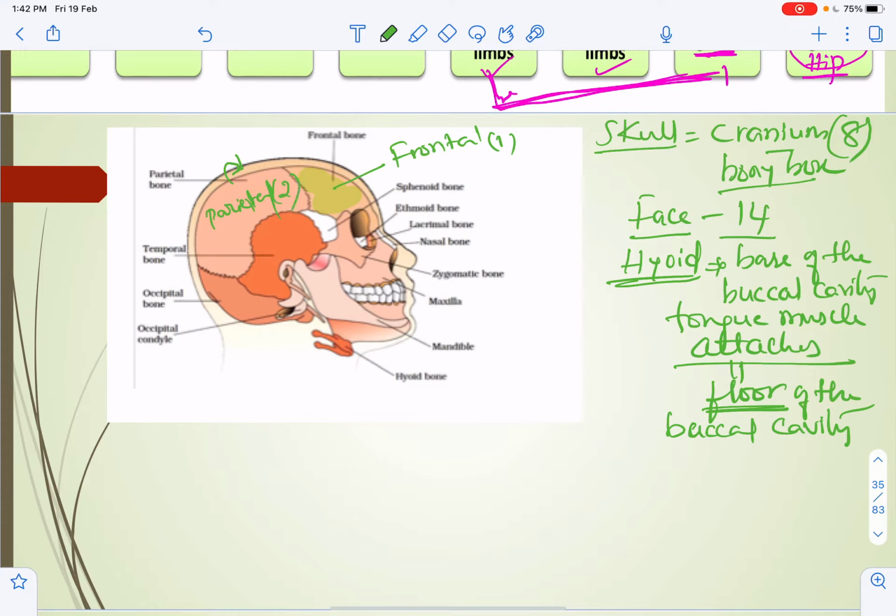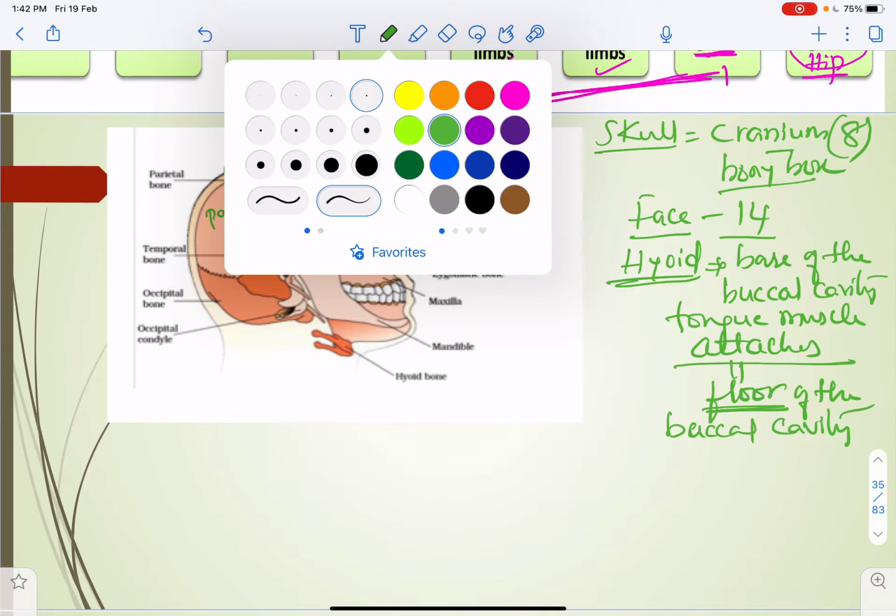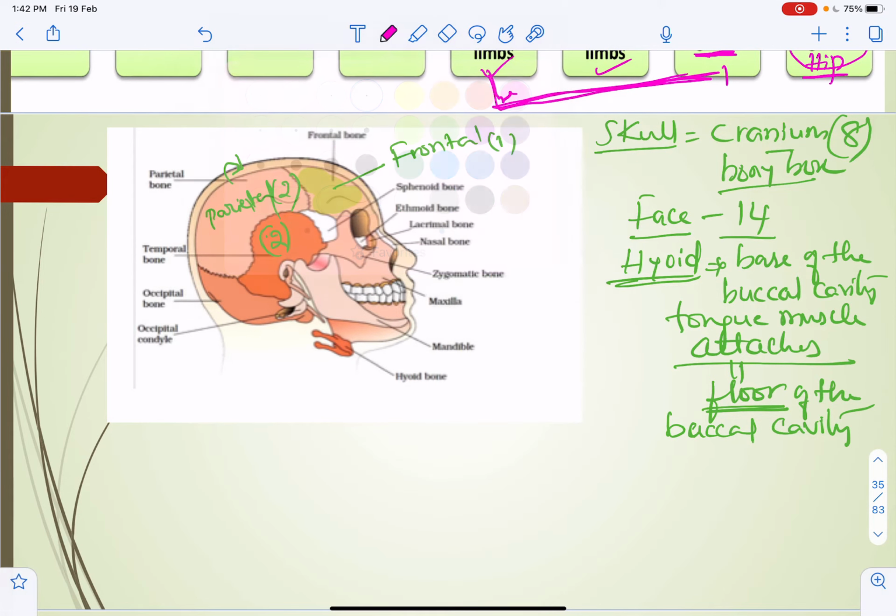Below the parietal is the temporal bone, also one on the left and one on the right, that is 2 in number. All these bones of the skull are attached with the help of sutures. These sutures are called fibrous joints.